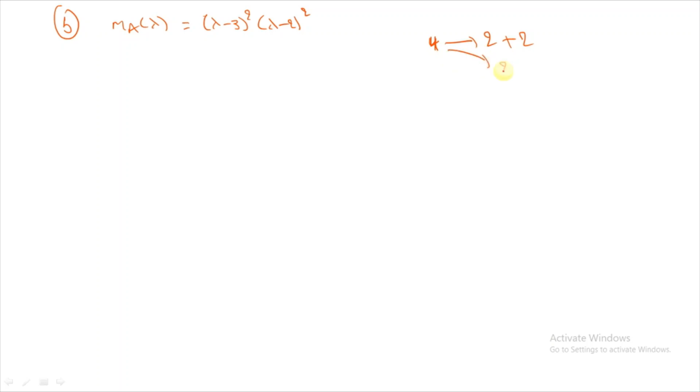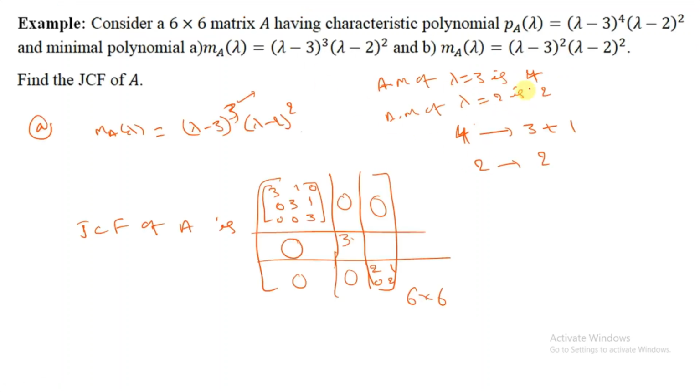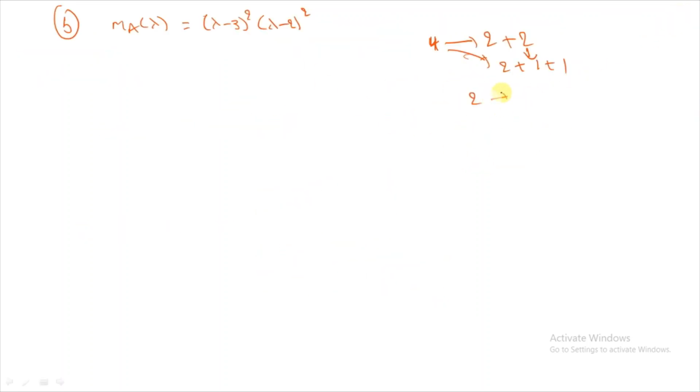Another way, we can write 2 plus 1 plus 1. The largest one is 2, which is the same as in the minimal polynomial.